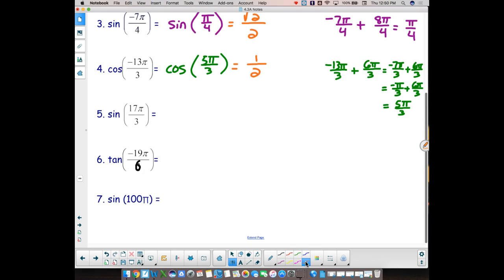17 pi over 3. If I go around once, I'd be subtracting off 6 pi over 3 again, right? So that would get me down to 11 pi over 3. If I go around a second time, that puts me down to 5 pi over 3. So I'm really subtracting 12 pi over 3, which also puts me at 5 pi over 3.